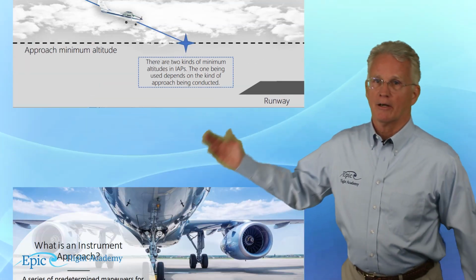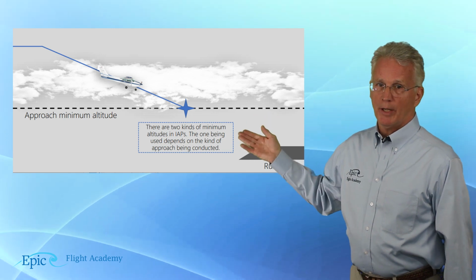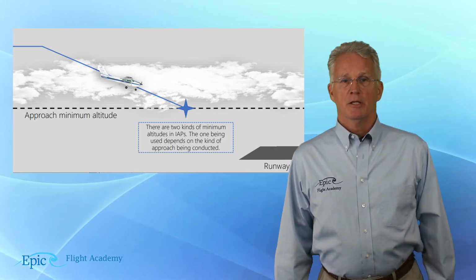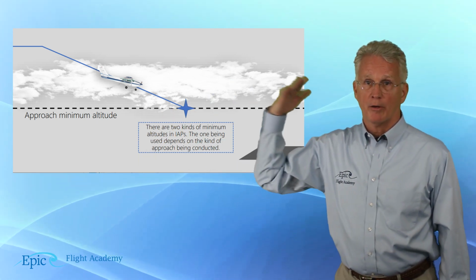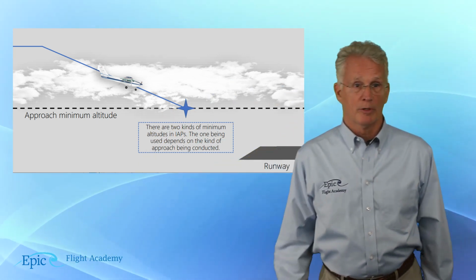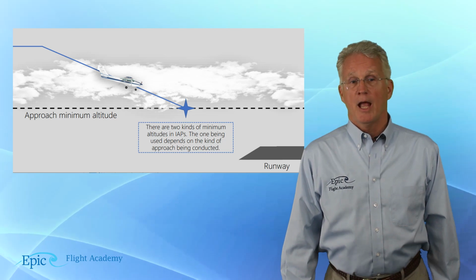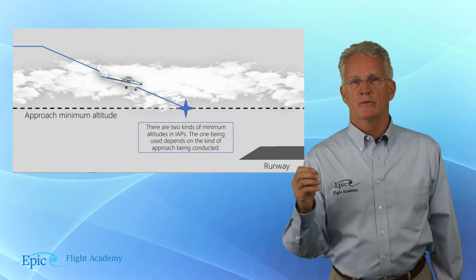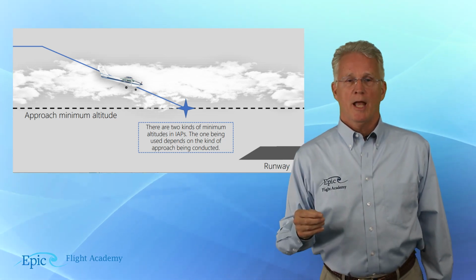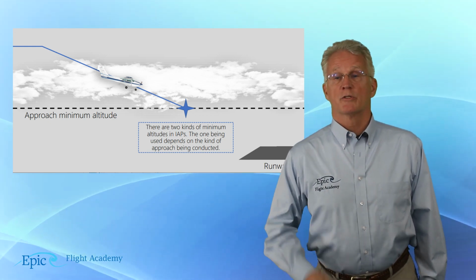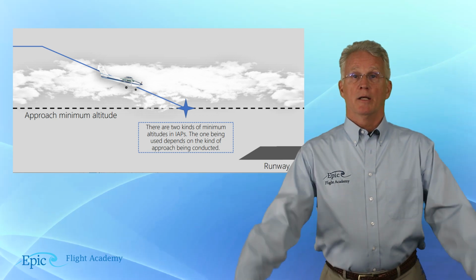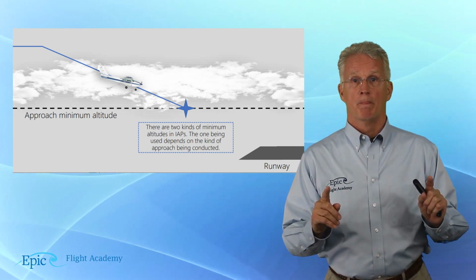Now, if you take a look at our first graphic here, we're depicting this small Cessna descending from the en route environment to the terminal environment. And the aircraft is going to approach at a minimum altitude, or reach this minimum altitude and make a decision.